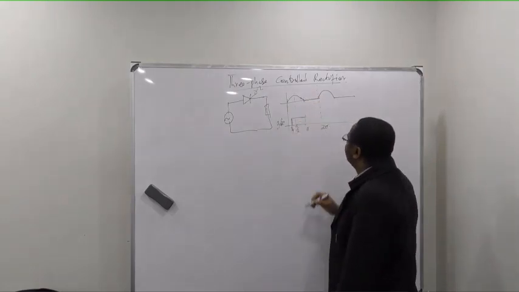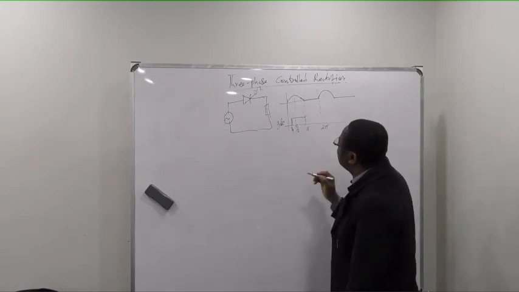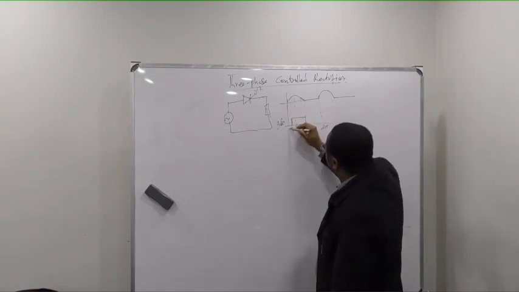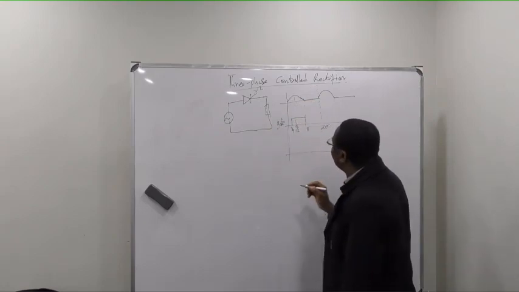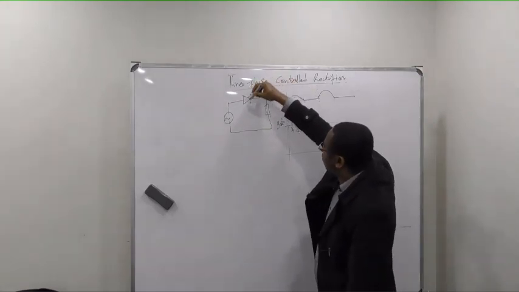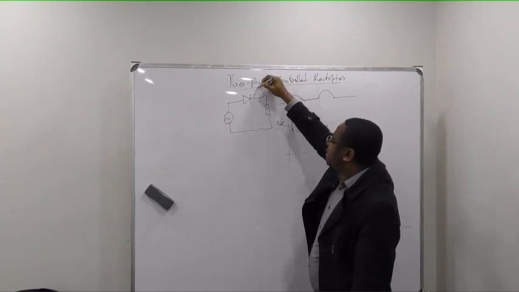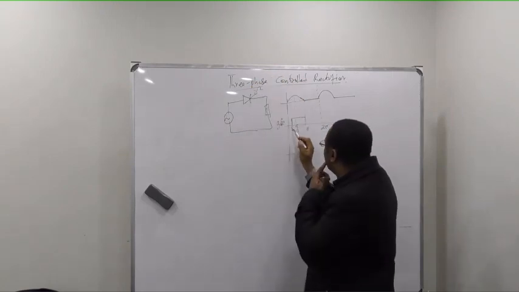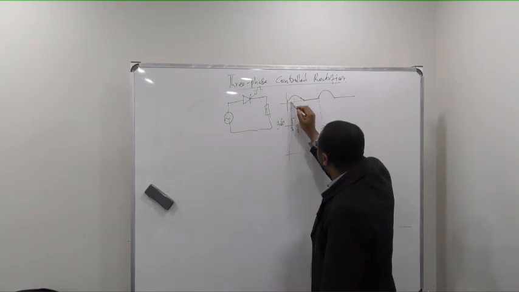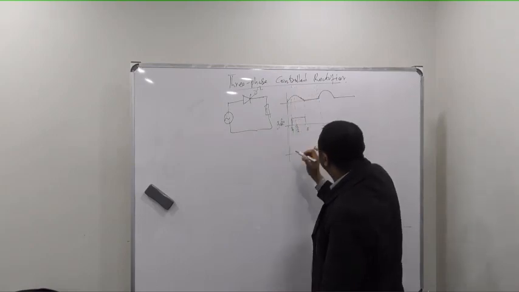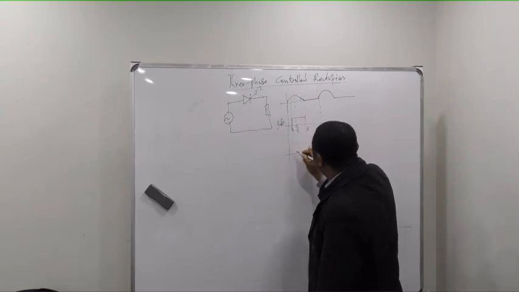Now you see what happens. Remember that this cannot conduct except there's a signal here. So between this 0 point and that point, this cannot conduct, so the output will be 0.